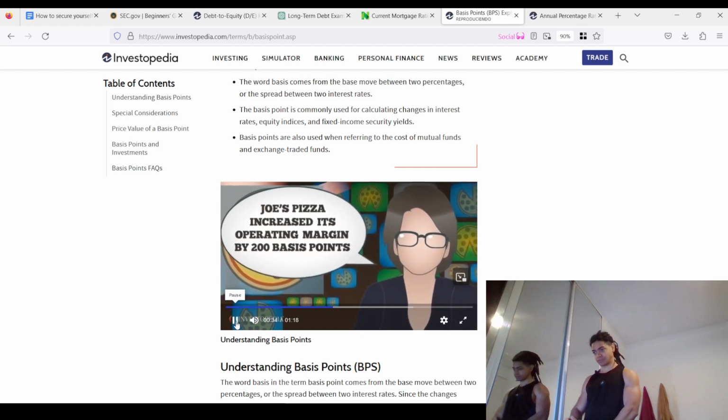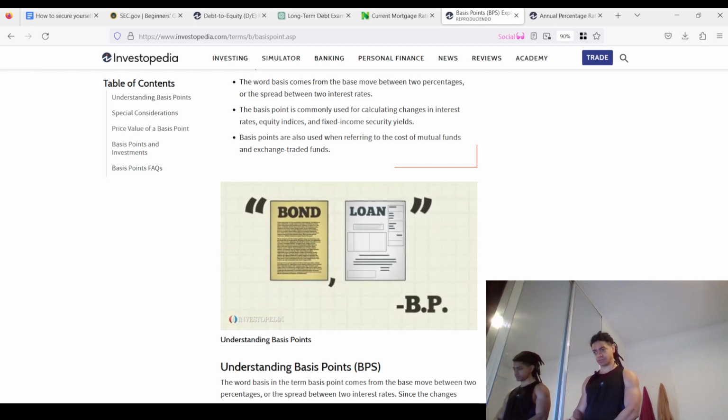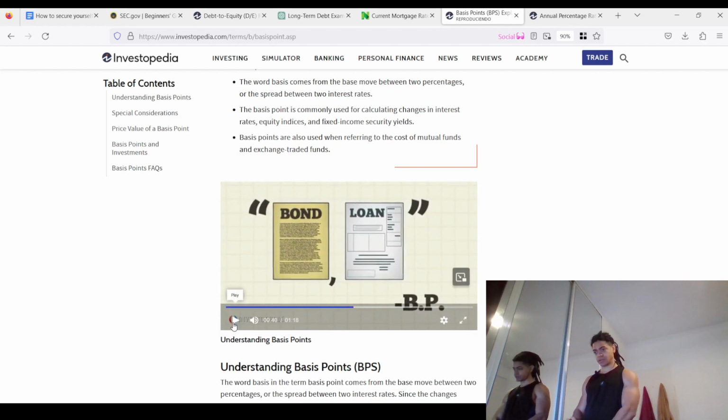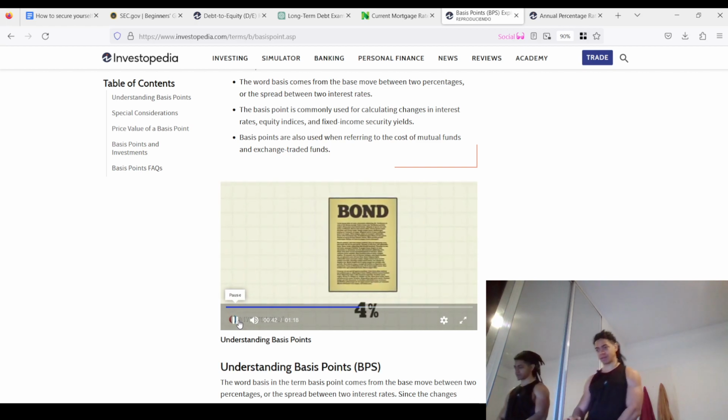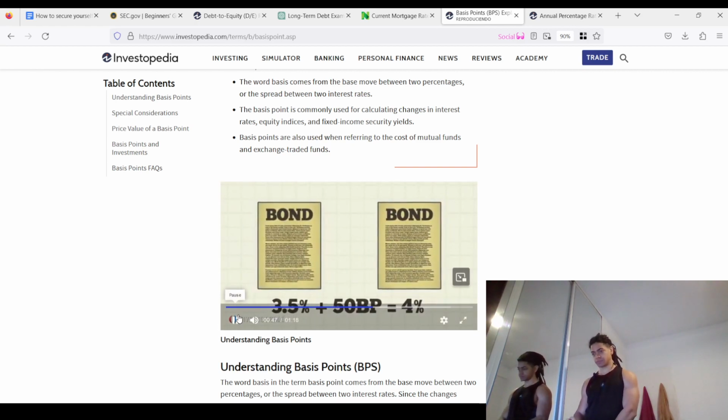It is ever present in fixed income. It is very common for bonds and loans to be quoted in basis point terms. For example, the interest rate on a 4% bond is 50 basis points higher than the interest rate on a 3.5% bond.